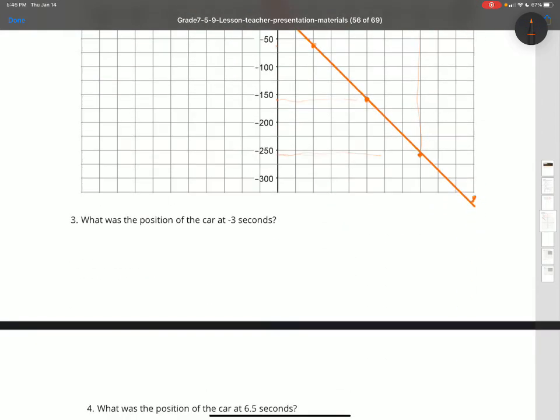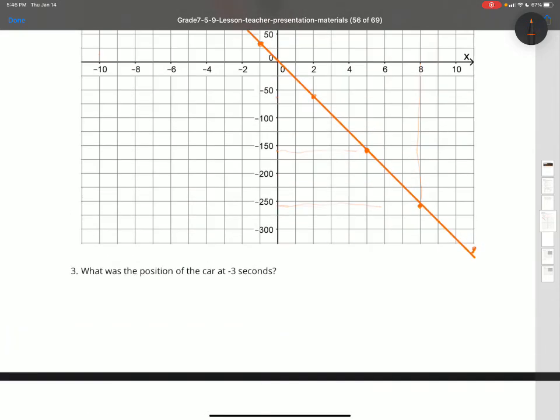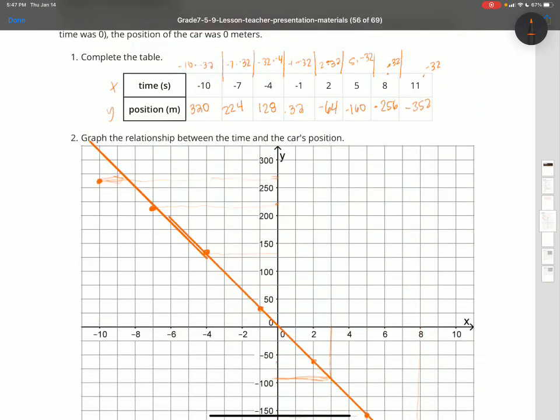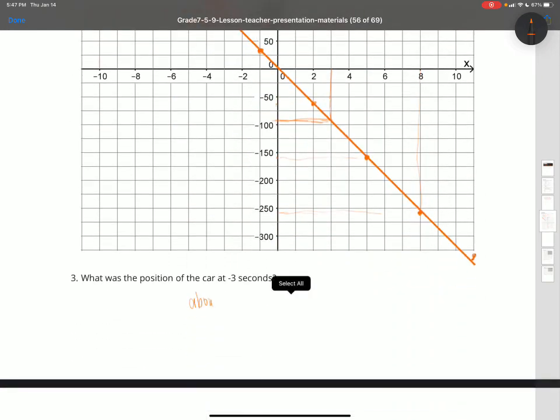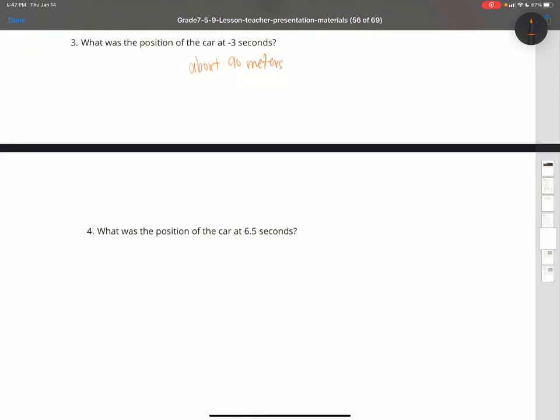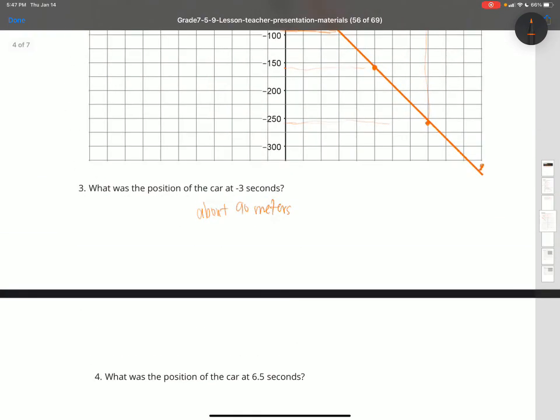So what would be the position of the car at negative 3 seconds? I drew my line, so I could drop it down, and I see it's close to 100 but not there, so about 90 meters. Then for question 4, it says, what's the position of the car at 6.5 seconds?